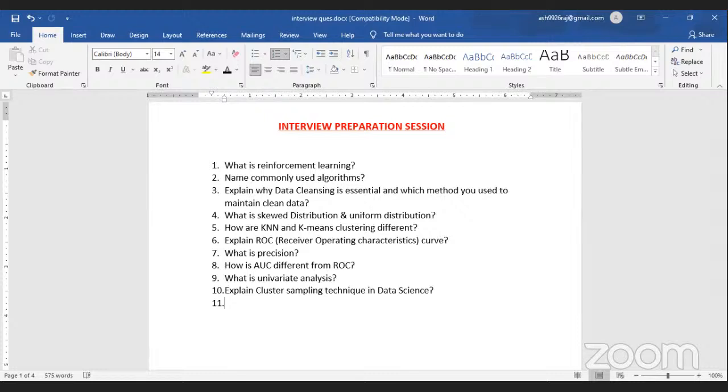Now move to the next question. State the difference between a validation set and a test set.